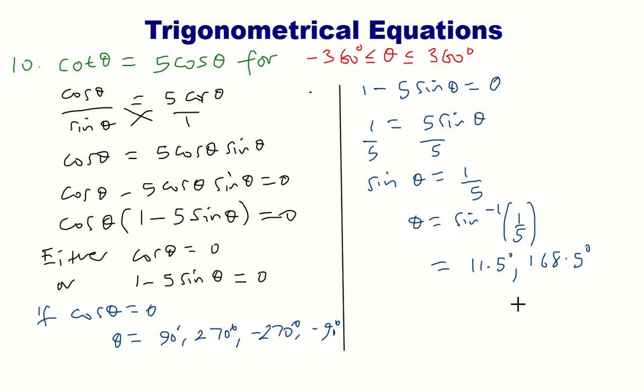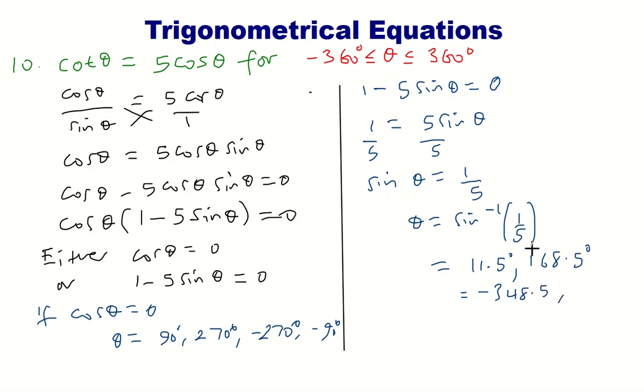From this we can get the negative values. We said to get negative values, subtract 360, for cos and sine. When we subtract 360 from 11.5, we get negative 348.5.